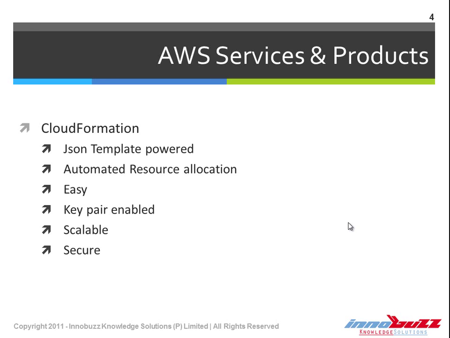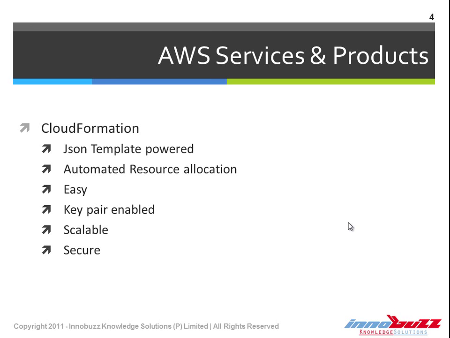AWS CloudFormation enables us to create and delete related AWS resources together with just one click, and that happens in a single stack. They are JSON template powered. We write a JSON script from scratch in which we indicate the resources, the AWS services in other words, that we need to run.